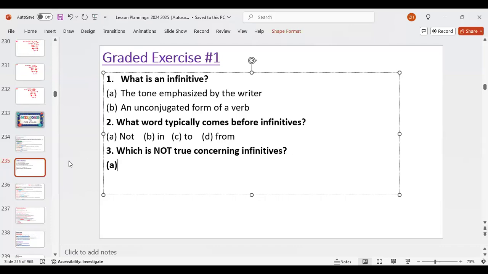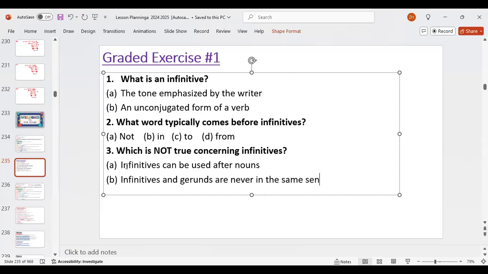A, infinitives can be used after nouns. B, infinitives and gerunds are never in the same sentences.